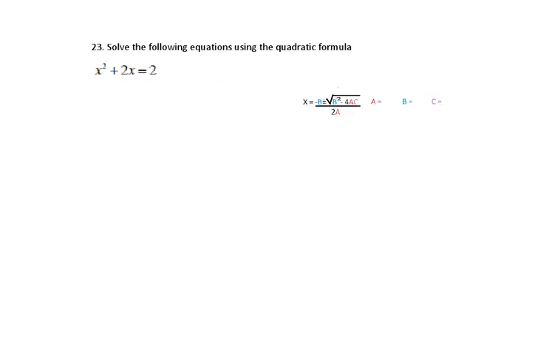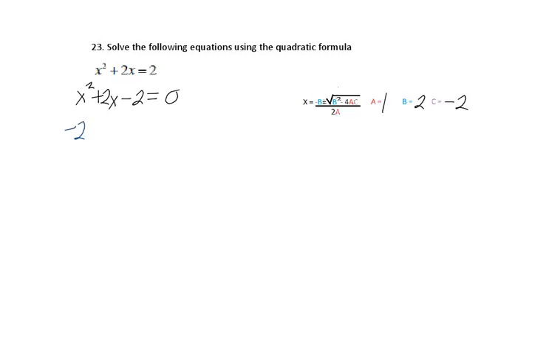All right, 23. It's not equal to 0, so I'm going to have to move the 2 over. So what you're really going to have is x squared plus 2x minus 2 equals 0. So a is 1, b is 2, c is negative 2. Let's put this in.